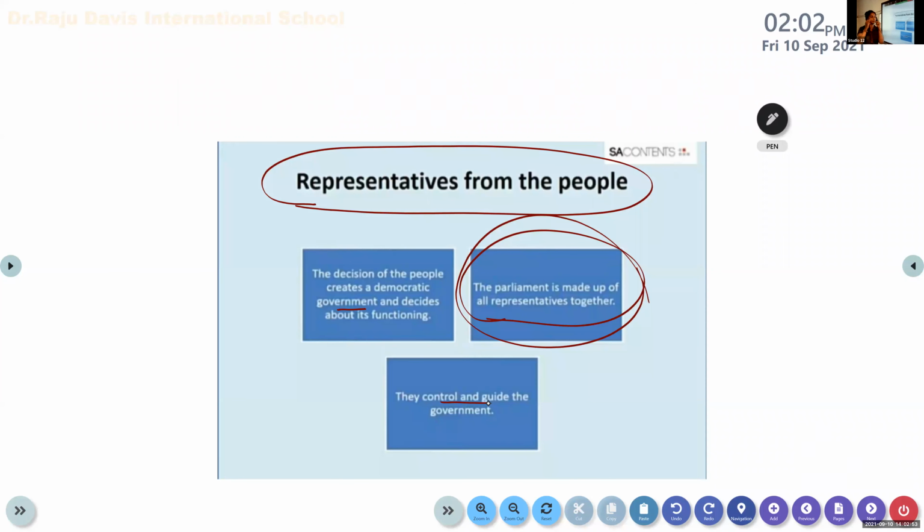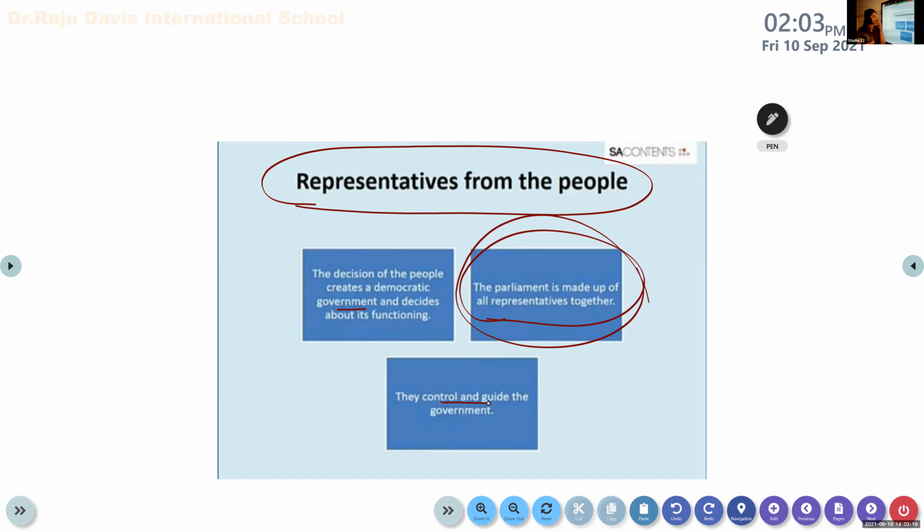So the people get a chance to elect their representatives. They are chosen from the various constituencies of India. India is divided into many small units for the election purpose, and from all these constituencies, each political party will contest for the election.